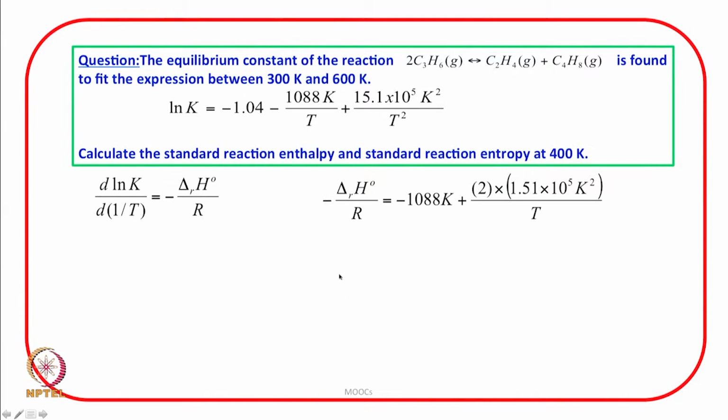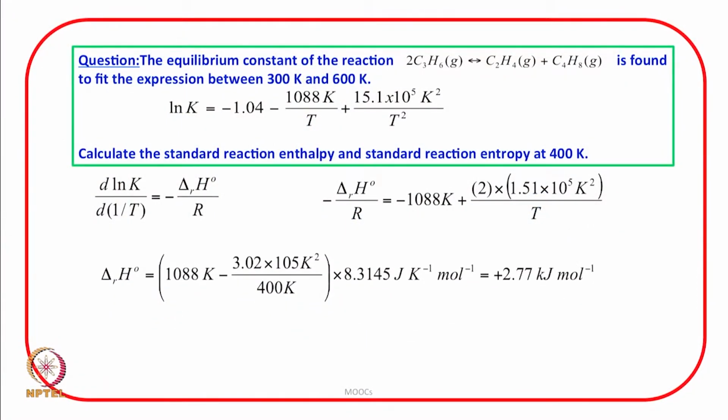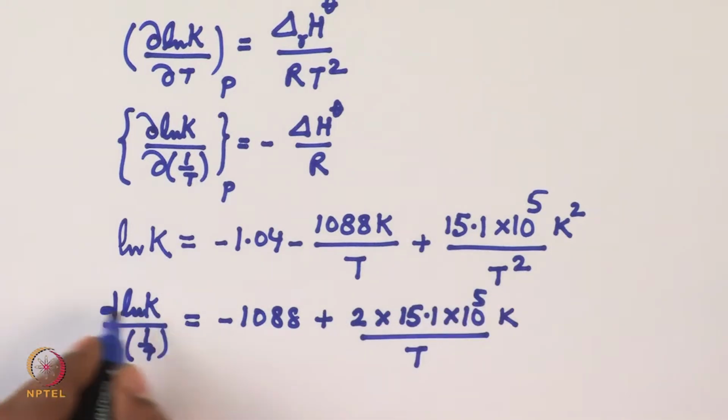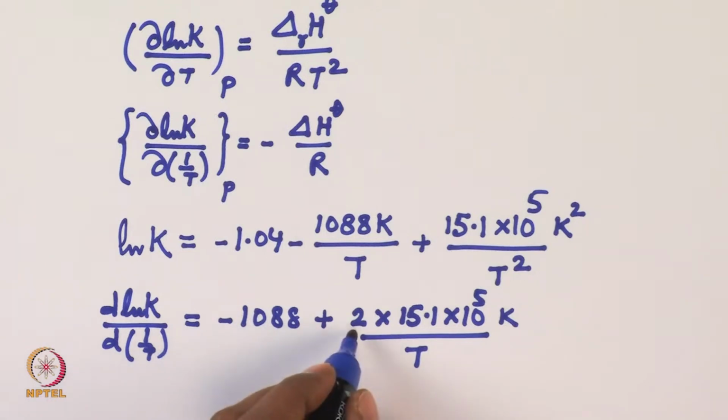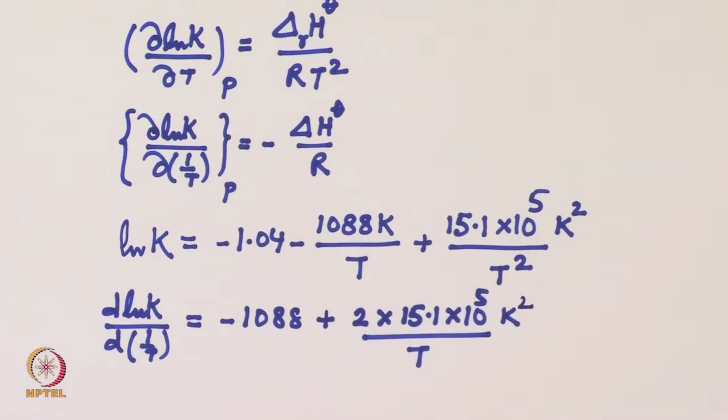What I have discussed is that d log K by d 1 by T is minus 1088 plus 2 into 15.1 into 10 raised to the power 5 by T into K. So, once I substitute the numbers, and let us go to the slide, what do I get? d log K d 1 by T is minus 1088 plus 2 into 15.1 into 10 raised to power 5 by T, and this T is in Kelvin.